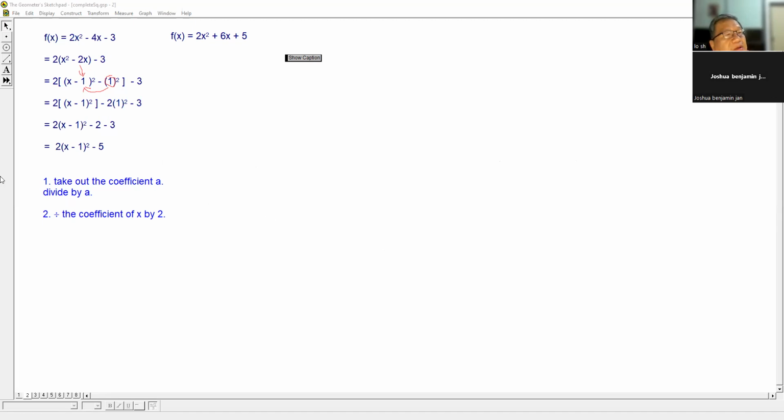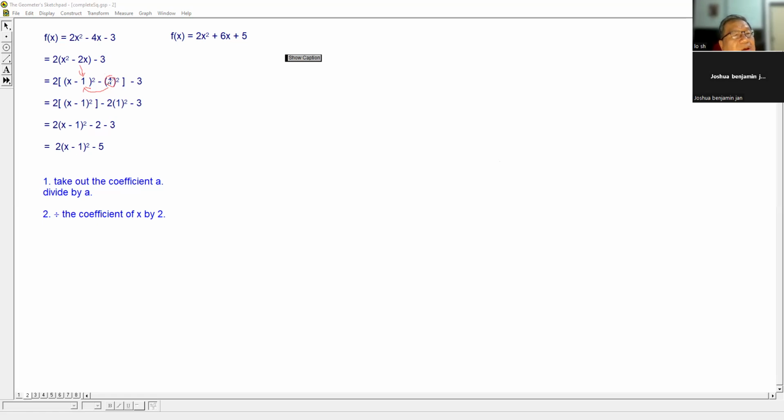Next step is, I have to take this number, I multiply inside here, and also I multiply here. I use a different color so that you can see.